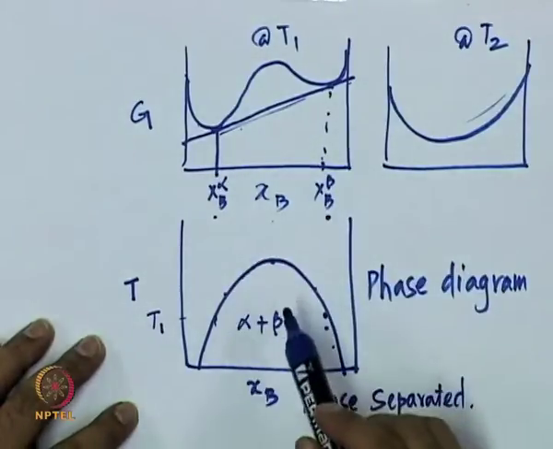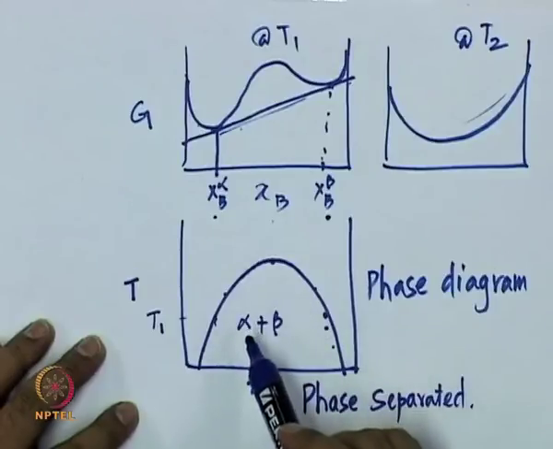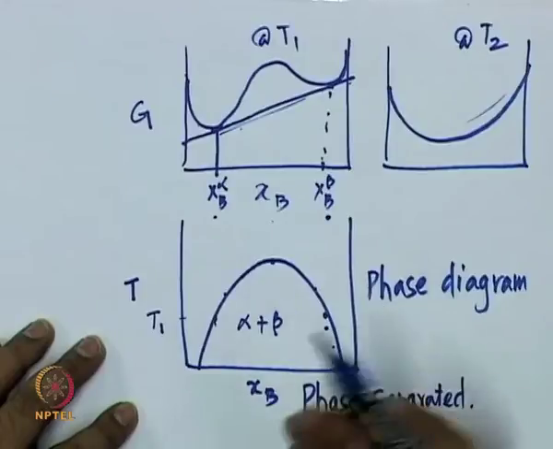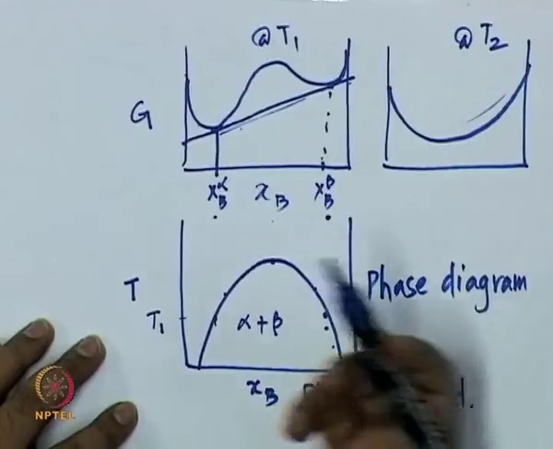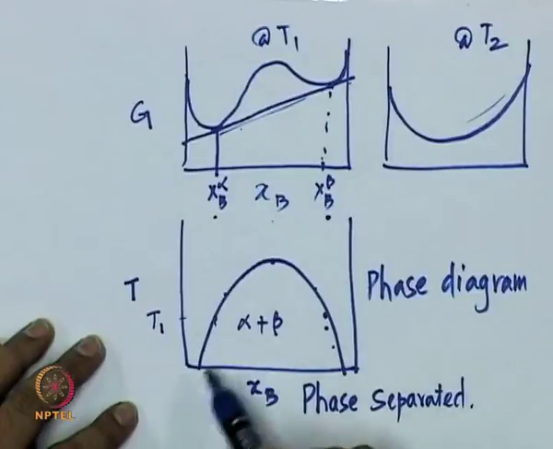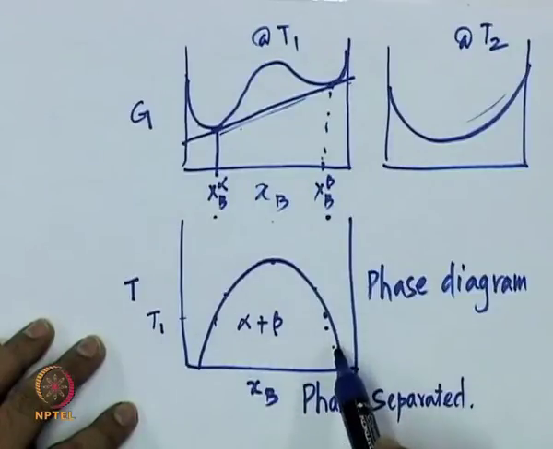We are seeing that the system would prefer to become immiscible. So, it is like mixing water and oil, they do not mix. All the water molecules come together, all the oil molecules come together, and they always form these two phase mixture. So, you have oil somewhere, water somewhere, oil somewhere, water somewhere. So, this kind of gap is known as a miscibility gap.